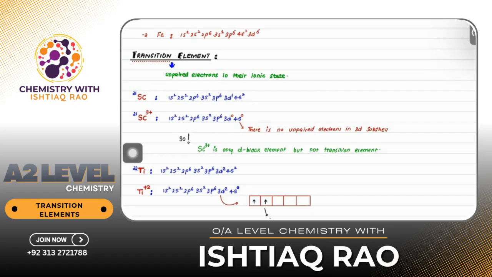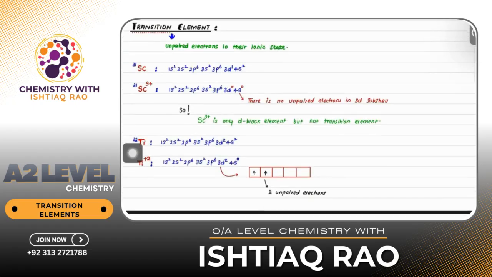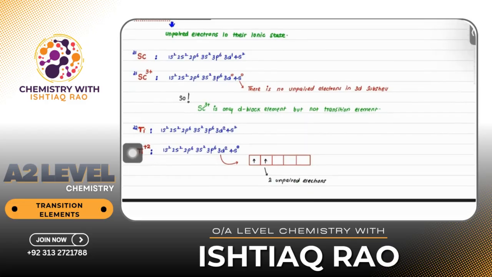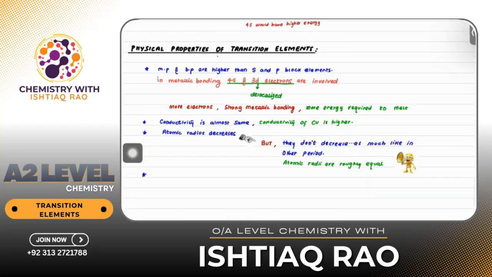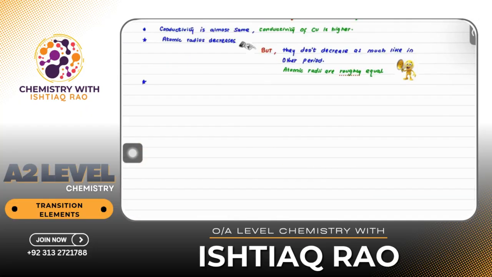The same pattern will be followed by the 4d series, of course. So always we will be removing electrons from 4s. Since we are removing electrons from the 4s subshell, I can say that the ionization energy would be almost the same.